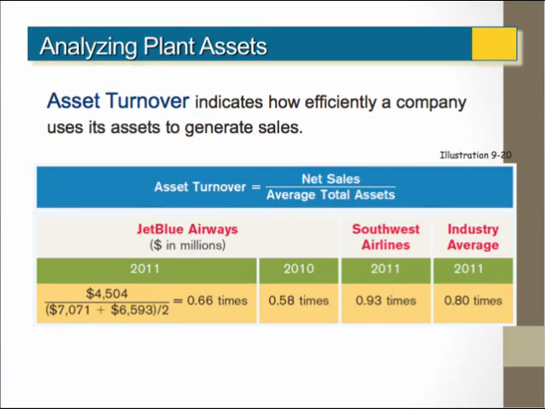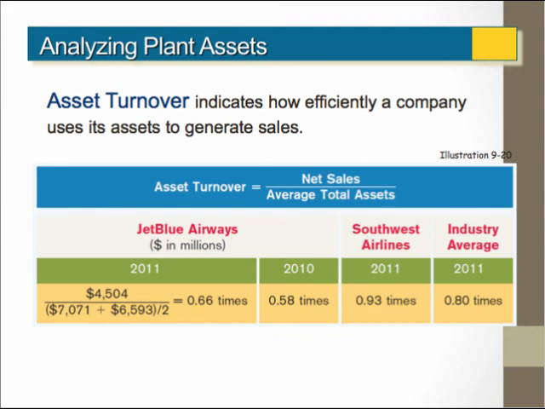Another ratio that we might want to look at is called the asset turnover ratio. Now remember, when we talked about turnover, it was the time that we have something till its replacement. So now we want to take the net sales divided by average total assets. Very similar to the other asset ratio, but this one, instead of net income, we're looking at net sales.